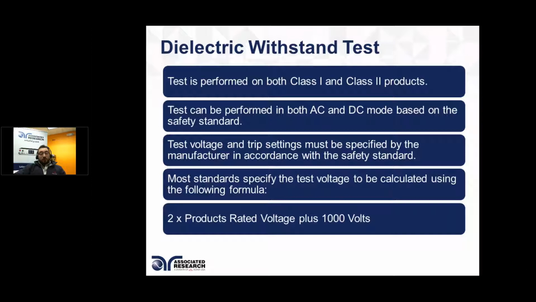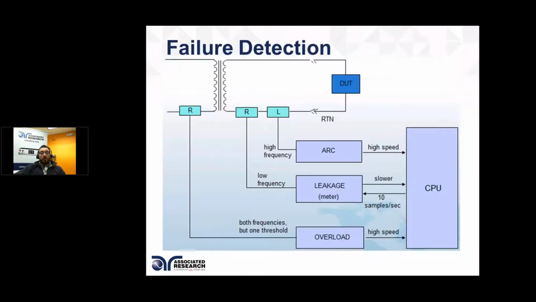So we already looked at the test voltage and trip settings, and we also looked at the rule of thumb for setting the high-pot test. Now, here are a few important things that I want to get into, since this webinar is about the circuit for each type of test. Here's something interesting that I want to discuss today, and this is what we call failure detection.